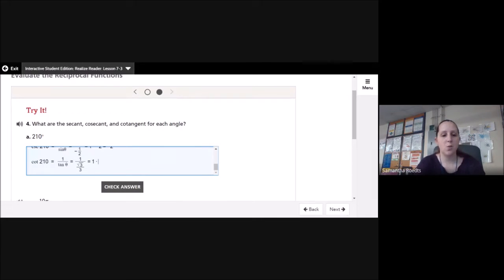My cotangent is 1 over the square root of 3 over 3 equals 1 times 3 over the square root of 3. Okay, so when I do this, I get 3 over the square root of 3. I then need to multiply both the numerator and the denominator by the square root of 3 in order to get the radical out. So I have 3 square root of 3 over 3, which simplifies to the square root of 3.